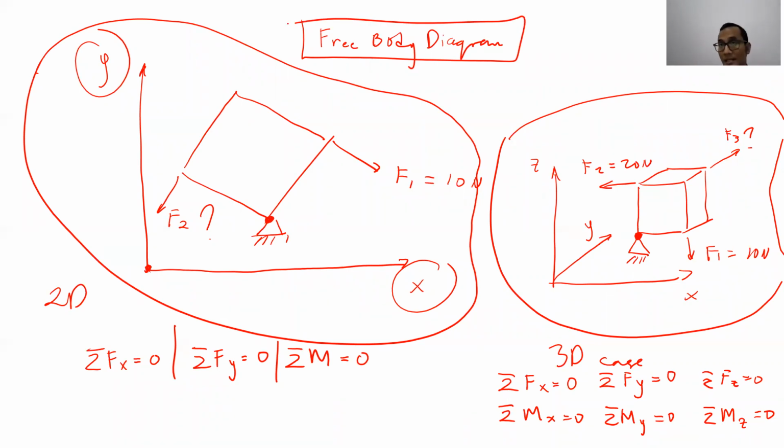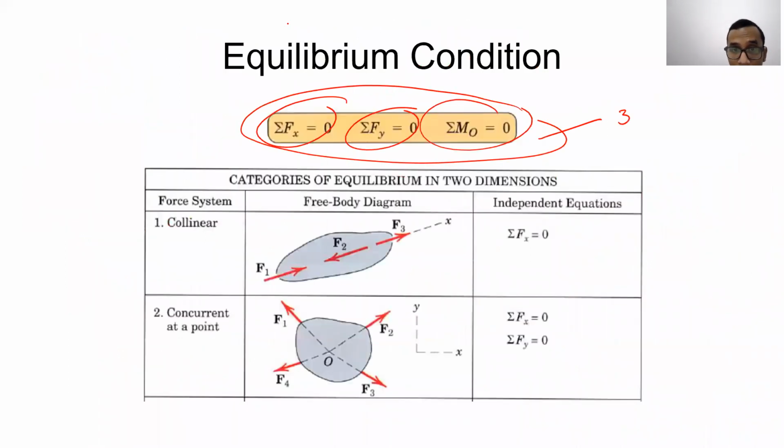It's a kind of diagram which shows the body, the system that we want to solve, only the system that we want to solve, and all the external forces happening to that particular system. Okay, that is a free body diagram. And in order to solve a statics problem, we have to know about the free body diagram first.